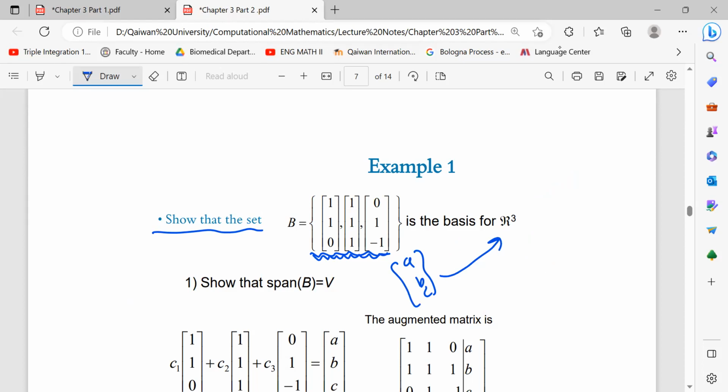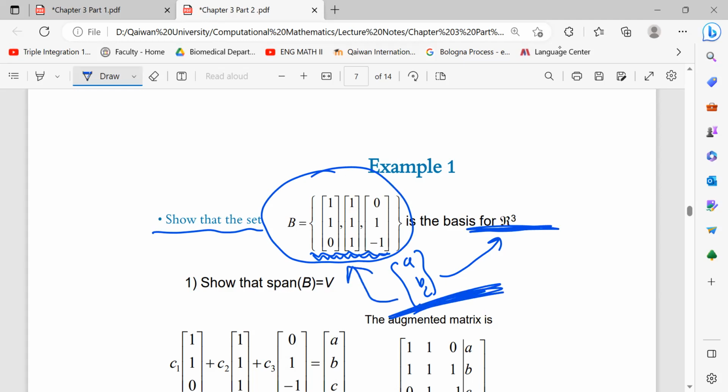A, B, and C are any real number. To show that these 3 vectors span R3, we must write down this vector as the linear combination of these 3 vectors. You must do that.